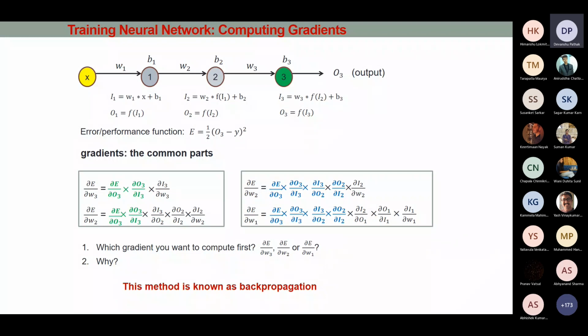Similarly, del E del W n minus 1, 7. Yeah, now can you come up with the formula for del E del W i?